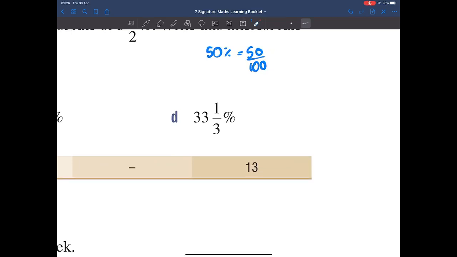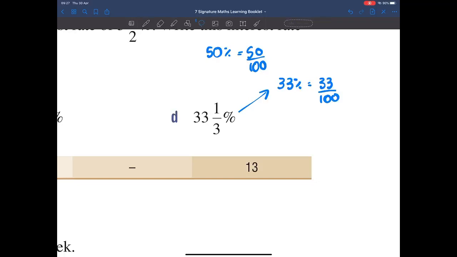Strategy 1. Let's see if we can just deal with the 33 for now. If it was just 33%, it would be 33 out of 100, and I don't think we can simplify any further than that. We will just leave it as 33 out of 100.